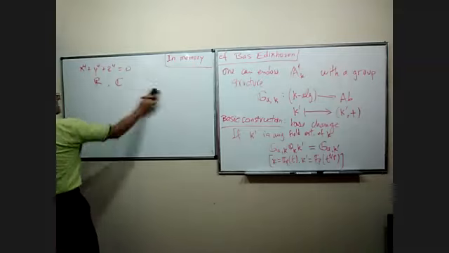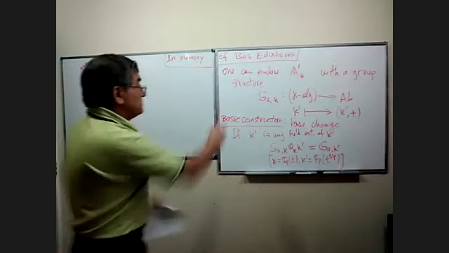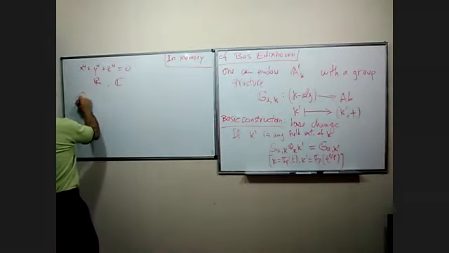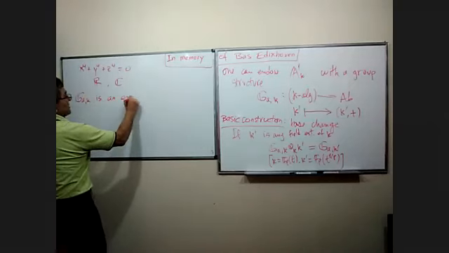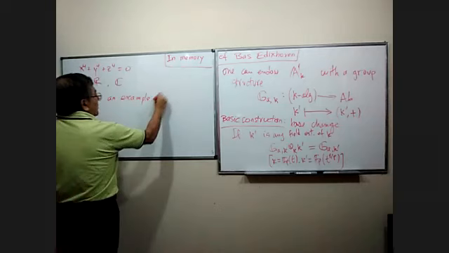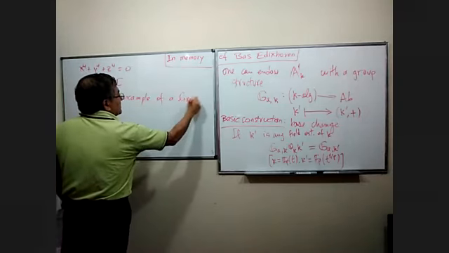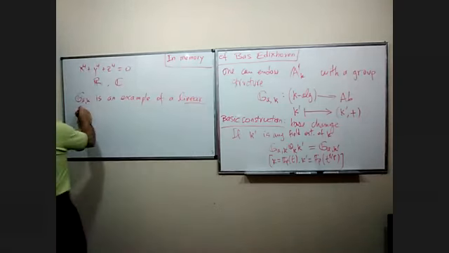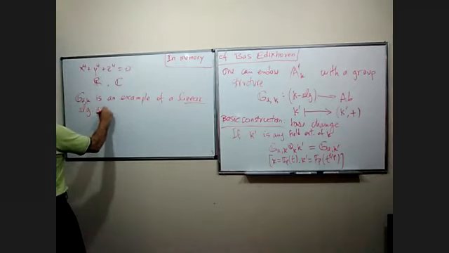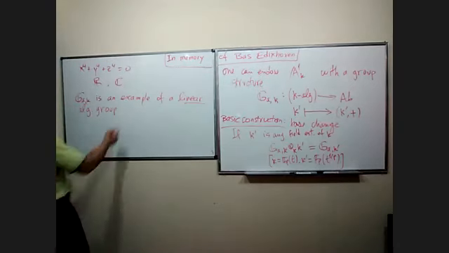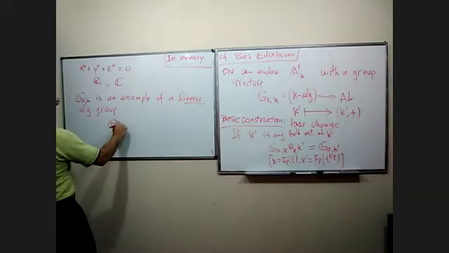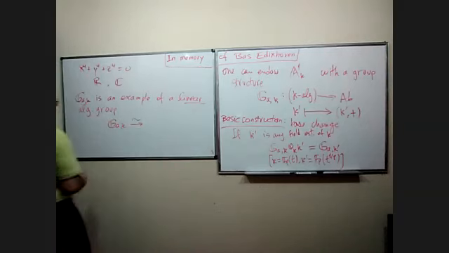Okay, and this additive group is a very simple example of a linear algebraic group, also called affine. And why is it called linear? Because I can embed it into a group of matrices.